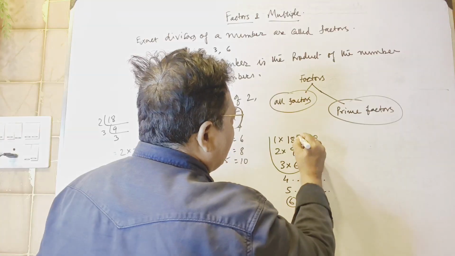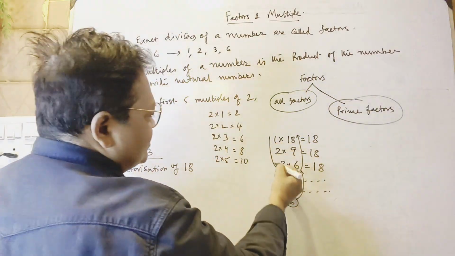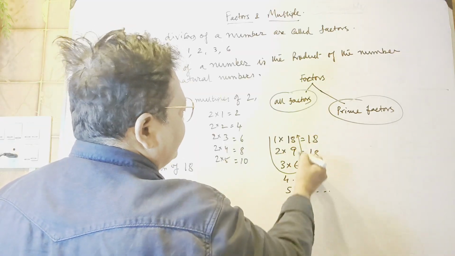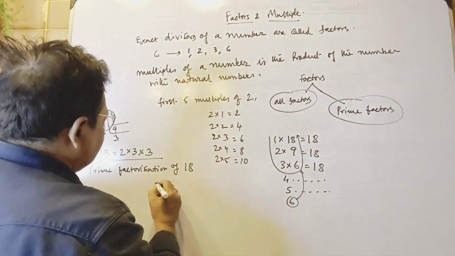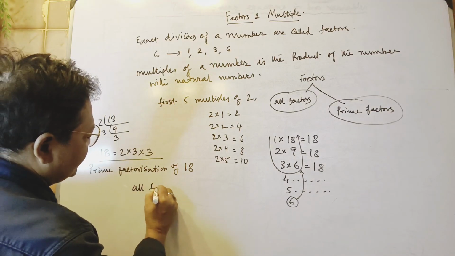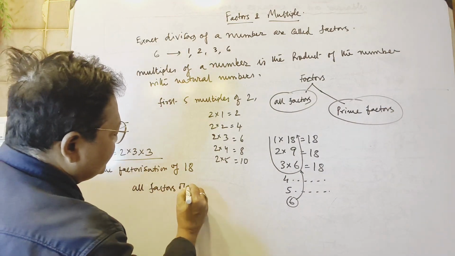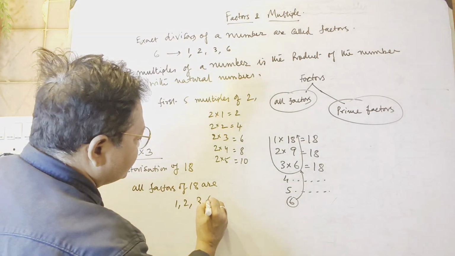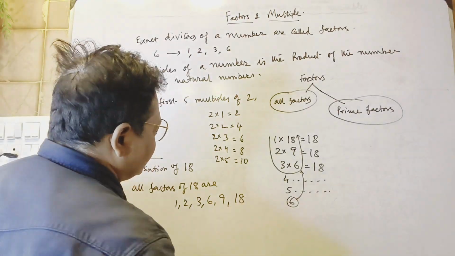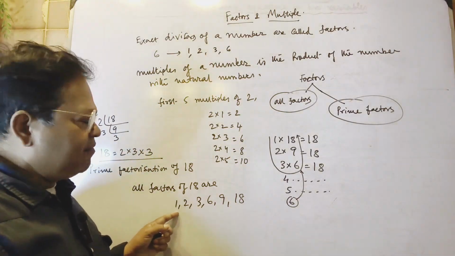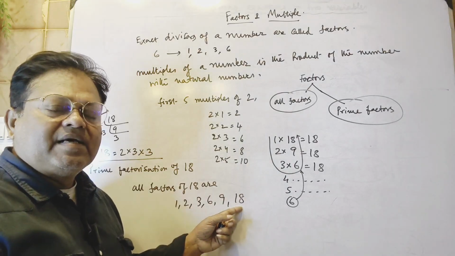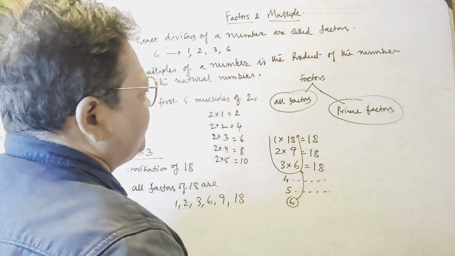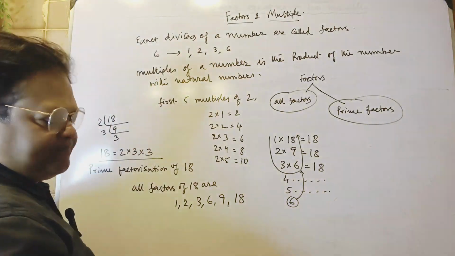So all these numbers, from top to bottom and then bottom to top, are all factors of 18: 1, 2, 3, 6, 9, 18. You will see that 1 is a factor of all numbers and the number itself is the largest factor of the given number. So in this way you will get prime factors and all factors.